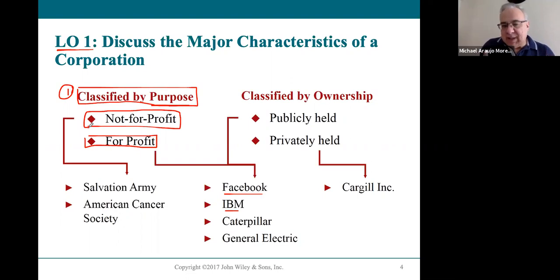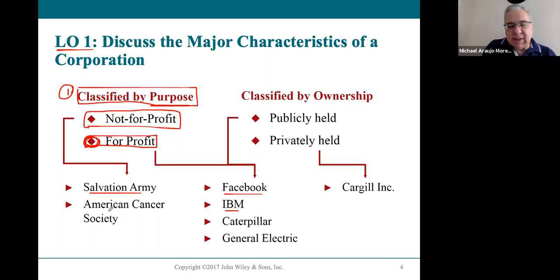So a lot depends on the purpose of it. For our book, we're going to be focusing on the for-profit sector, but that doesn't mean you can't apply to be a nonprofit corporation. Salvation Army and American Cancer Society are not-for-profit corporations. They are corporations, but they function for a mission rather than a profit.